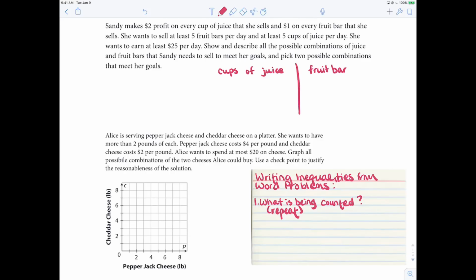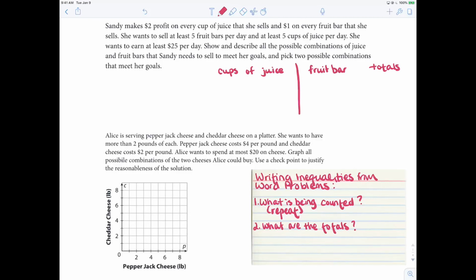And the second thing I ask myself is, what are the totals? So I see a couple of totals. I see 5 fruit bars. Let's put totals out to here.